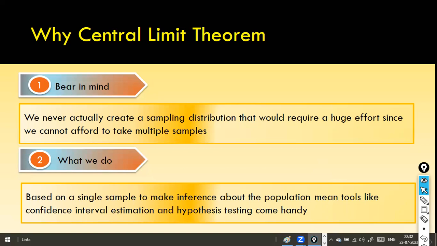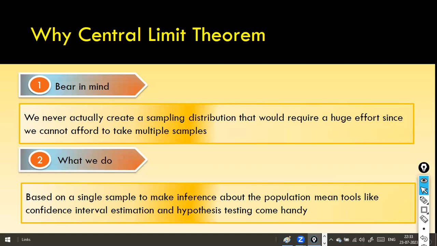Based on a single sample itself, is it possible for me to make an inference about the population mean? Yes, it is possible. That is where the concepts of confidence interval estimation and hypothesis testing come into the picture. The engine that drives these tools, confidence interval estimation and hypothesis testing, is the central limit theorem.